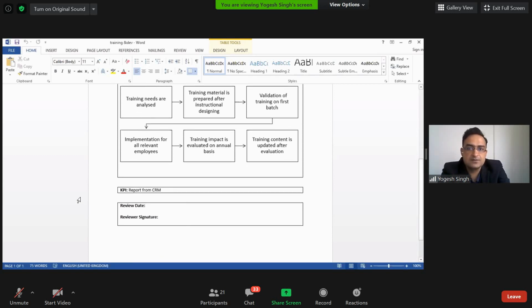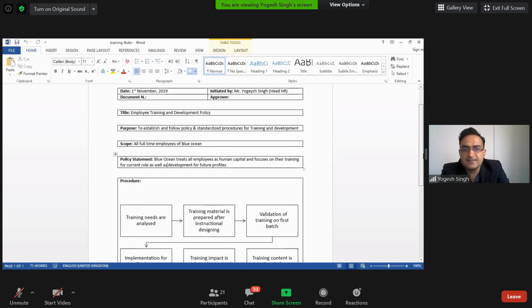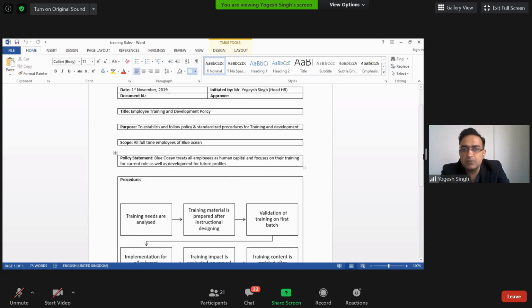What is the KPI of this? Report from CRM, and review, when it was reviewed. So you can see it's a very simple, minimal policy. Anyone can read it and understand it, and it's not complicated at all. This should be the purpose of your policy writing.